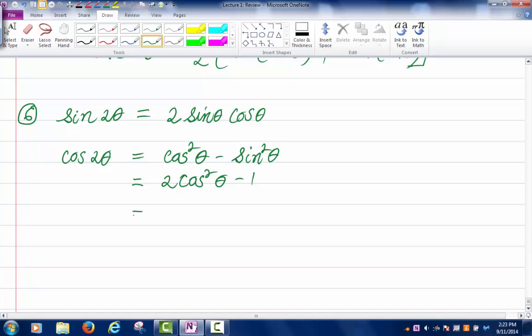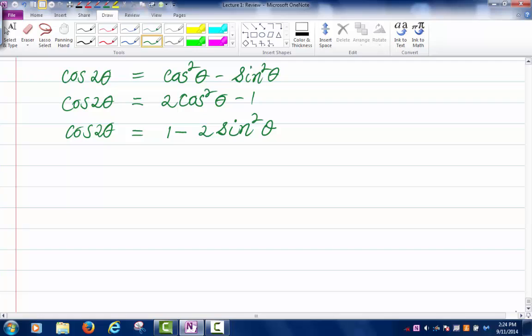On the other hand, in the first equation, if you replace cosine squared by 1 minus sine squared, then you get 1 minus 2 sine squared of theta. So all of them are the same as cosine 2 theta. Number 6 can be obtained from number 4. You can prove everything in 6 from number 4.